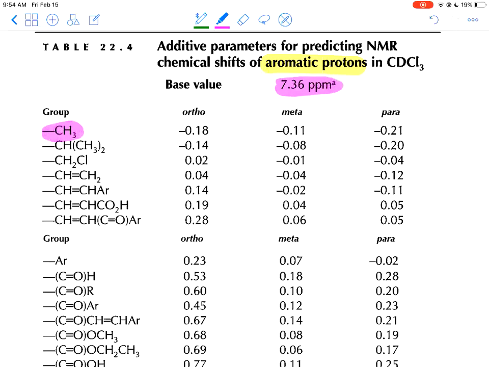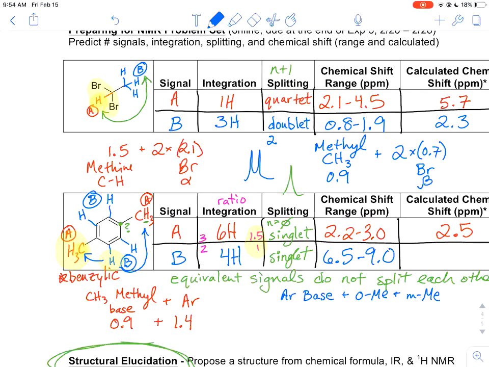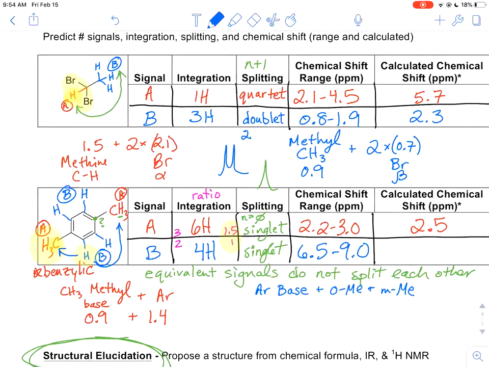We're going to need to add to the base value negative 0.18, so we're really subtracting it. And we're also going to be using the meta value as well. So there's going to be 7.36 minus 0.18 minus 0.11. I'll repeat that, and hopefully you have your NMR table with you.